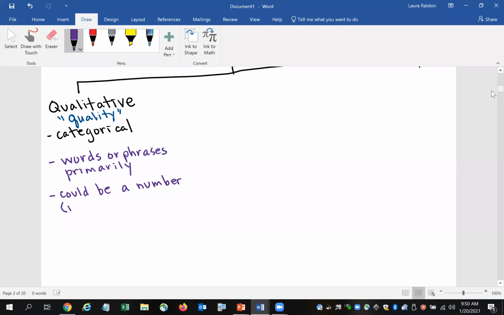But typically, if it's a number, it's one with which we would not calculate. You would not perform calculations with this particular number. Typically, it's a number that's being used to identify a person.